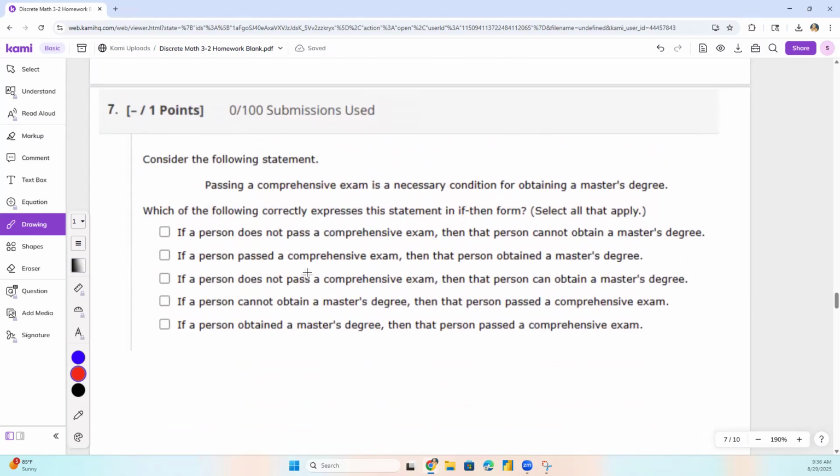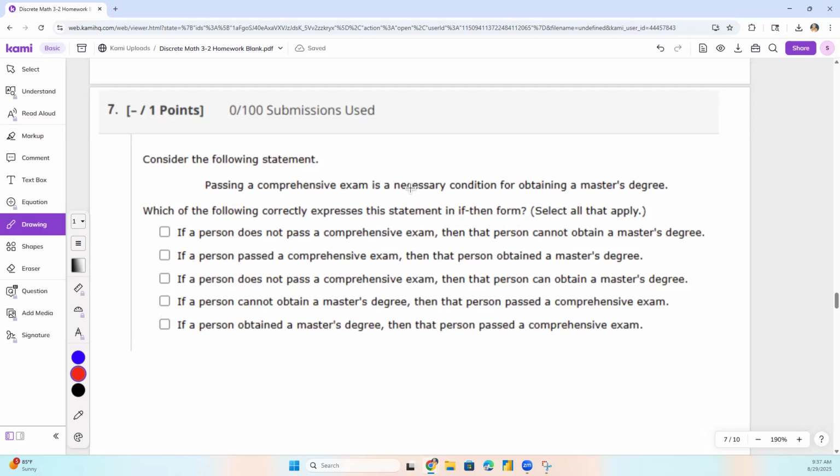For question 7, the homework is asking us about this statement: passing a comprehensive exam is a necessary condition for obtaining a master's degree. We are going to choose the correct answers that express this statement in if-then form, and there might be more than one answer.